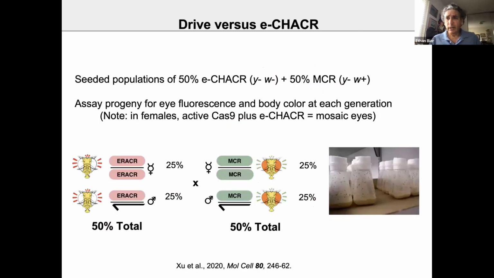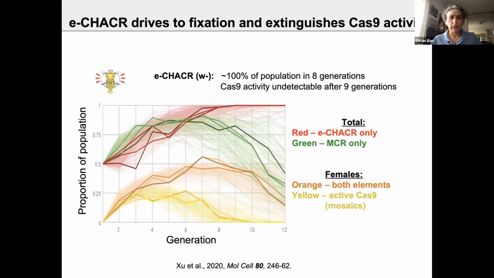So there again, we did the cage studies on this, where we crossed the eCHACR to the gene drive, and what we found is that the eCHACR drove to completion by 10 generations, where 100% of the Cas9 activity, shown here in yellow, disappeared.